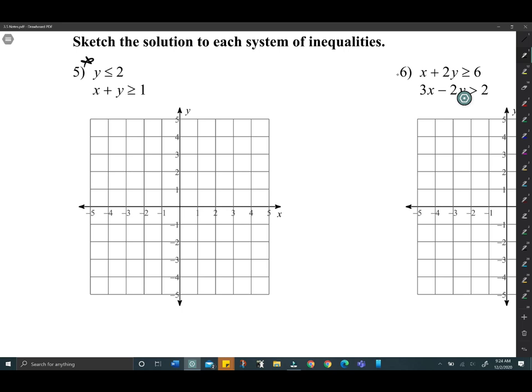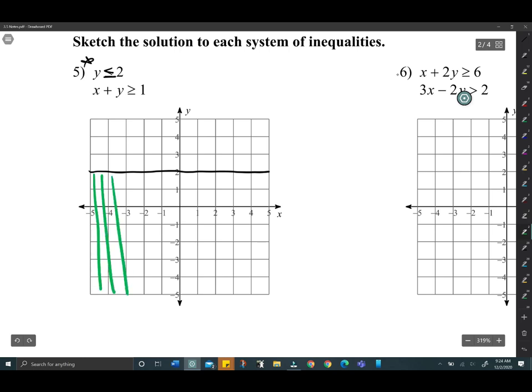Now I used a solid line as well, because it's less than or equal to. Now let's think, below 2 means everything underneath. So everything under here. So we're going to graph them one at a time.